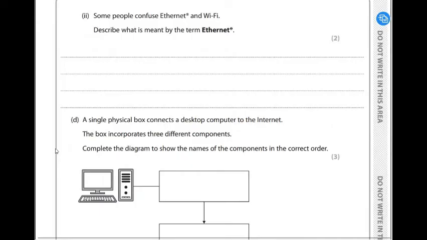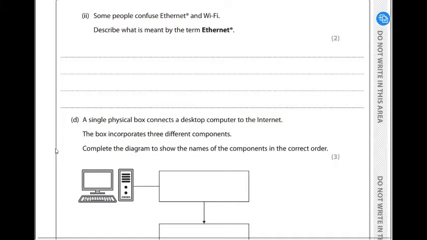Right, part 2. Some people confuse Ethernet with Wi-Fi. So describe what an Ethernet is. So an Ethernet is a protocol. That's one mark, which is used on a wired network. So you could say an Ethernet is a protocol used on a wired network.